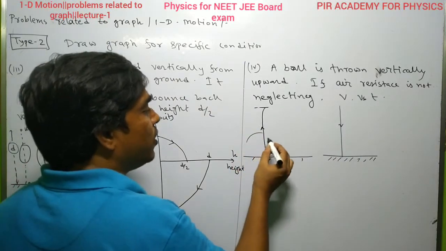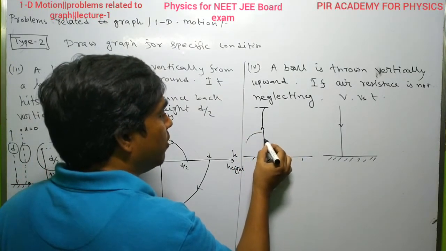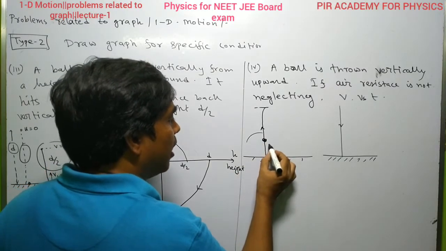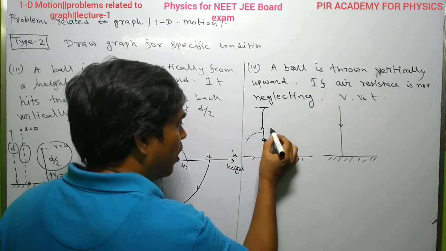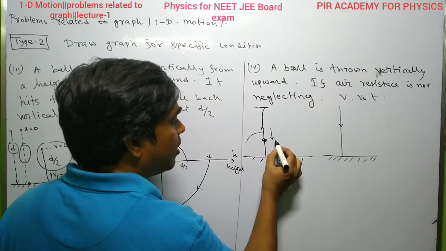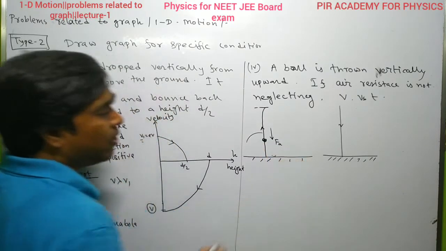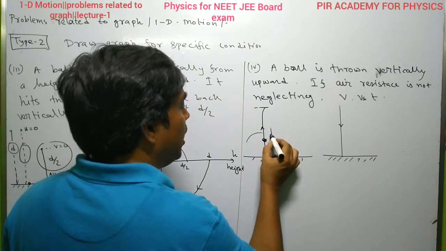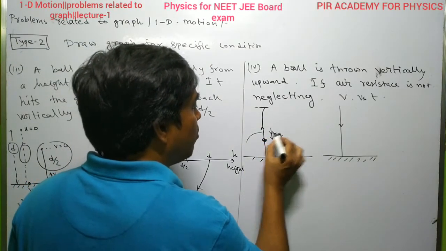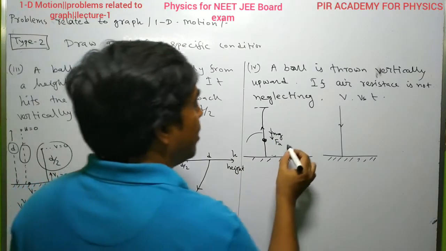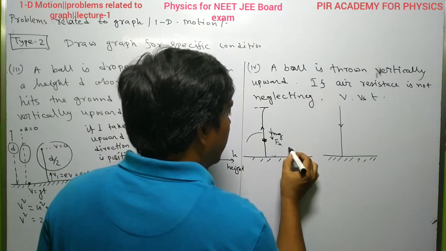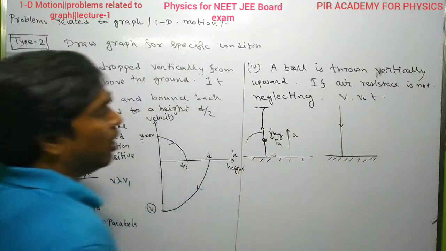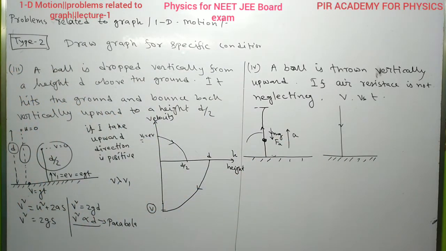In the upward condition, suppose this is a particle. The air resistance will be along this direction, and mg is along this direction, and the acceleration will be along this direction.